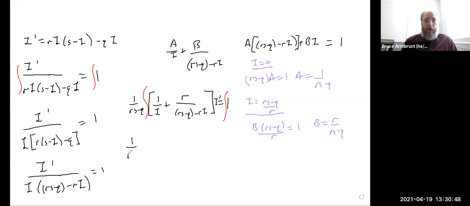We're going to get 1 over (RS minus Q) times the natural log of I plus the natural log of R times the natural log of (RS minus Q minus RI) divided by minus R. Make that a minus. And then that's all going to equal T plus C.